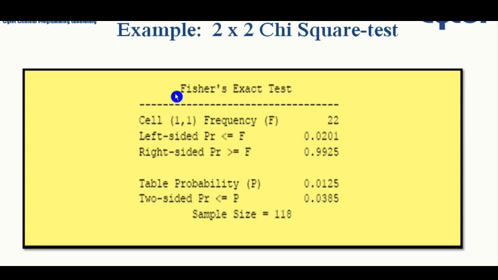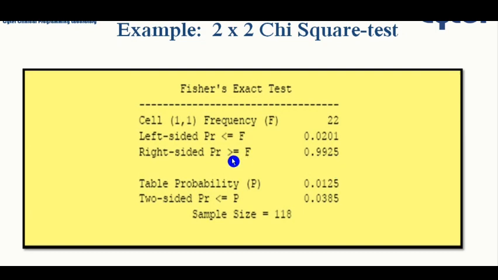Similarly, there is also something called Fisher's exact test. This is also one of the popular tests. The name exact suggests that here it is not using the normal approximation. It is using the exact distribution of the test statistic.